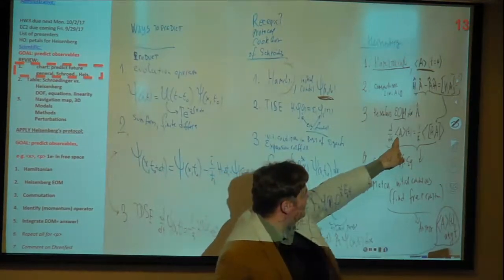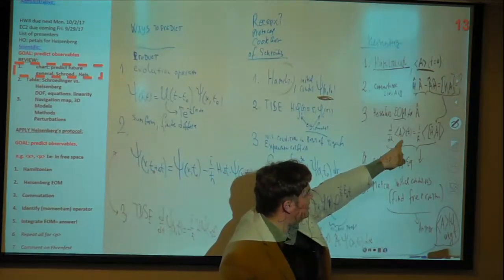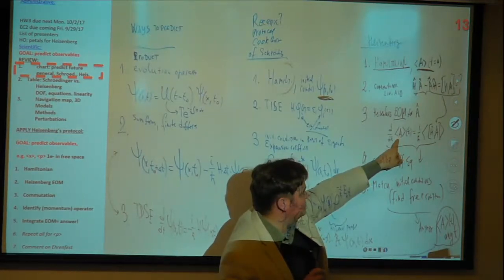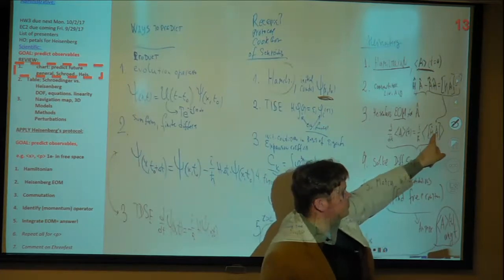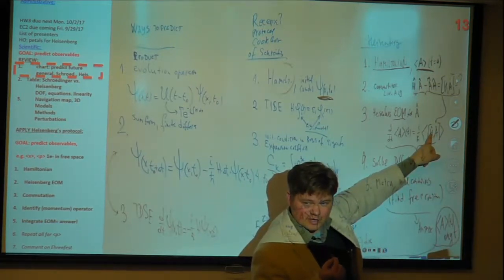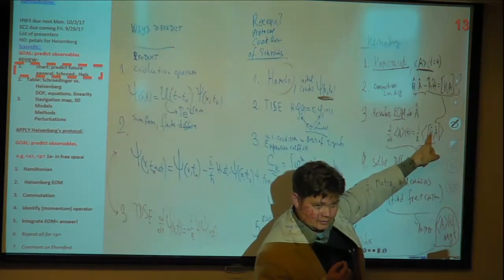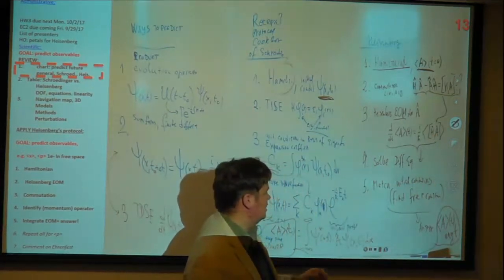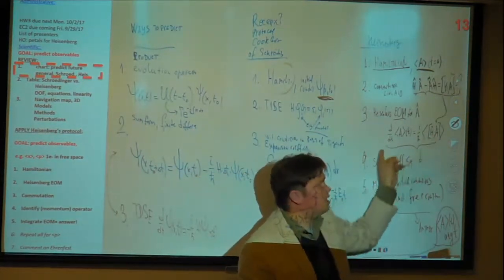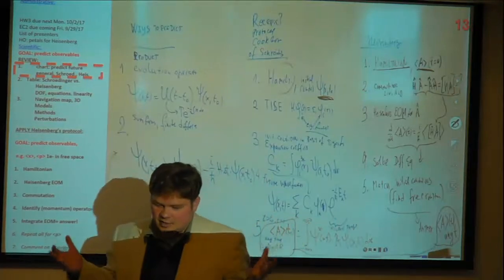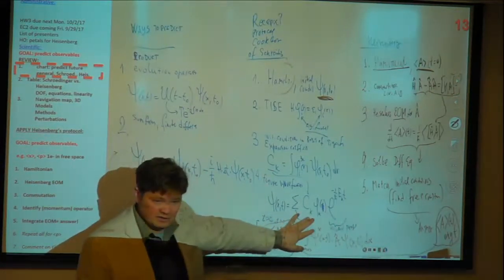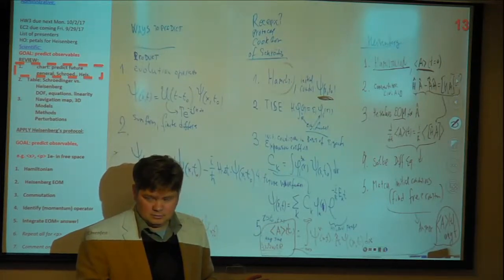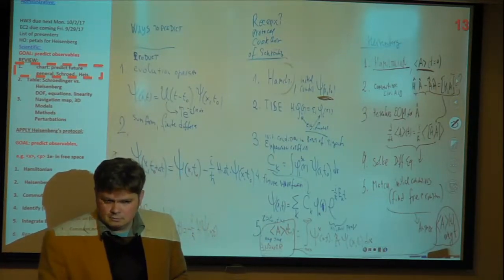So the time increment of the expectation value of some operator is the expectation value of this operator's commutation with the Hamiltonian. And then it can come into one or maybe a couple of differential equations that are much easier to solve than this stuff. Okay?